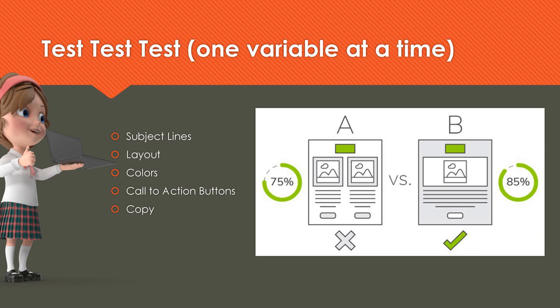So if you're testing subject lines, you're going to do two identical emails with two or three different subject lines. And what you want to see is if one subject line performs better than the others. Or you're going to do the same exact email content and pictures, but you will change the layout. So this is the basics of split testing, is that you change one variable at a time.